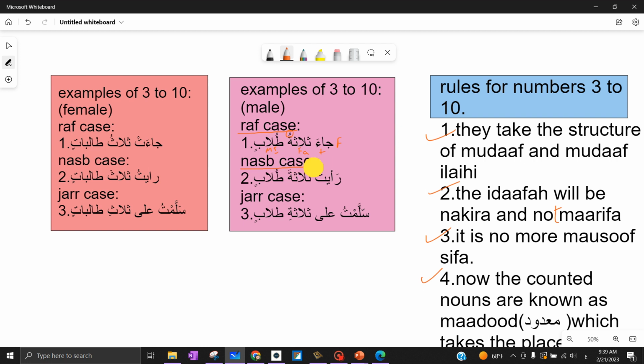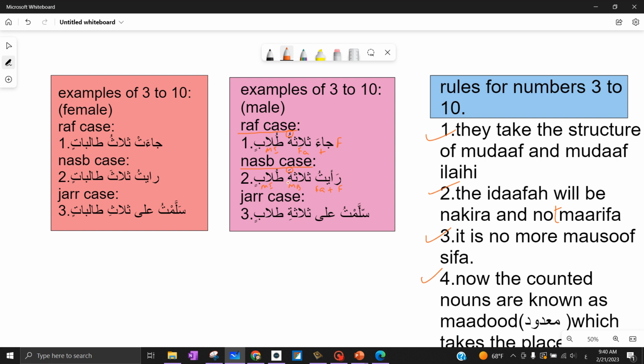Nasb case, what happens? Ra'aytu thalathata. The fatha is there. Why? Because we have our fa'il and we have our fi'l, applying the formula of fi'l and fa'il plus maf'ul bihi. This is in the place of maf'ul bihi. That's why it is having a fatha. And tullabin is mudaf ilayhi. So when you do the i'rab, you will say fi'l madi, and then ittasalat bi damir, اتصلت به ضمير تقديره أنا.